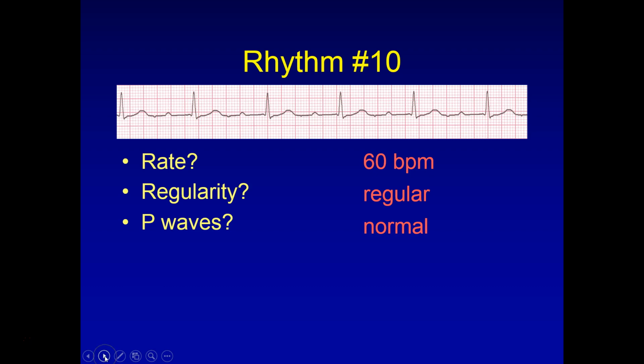Here's where blocks become identifiable. It's all about the PR intervals. So I'm going to look at my PR interval. Is that normal? It's too long. It should be no more than 0.20 seconds. It's 0.36. So I have prolongation of my PR interval.